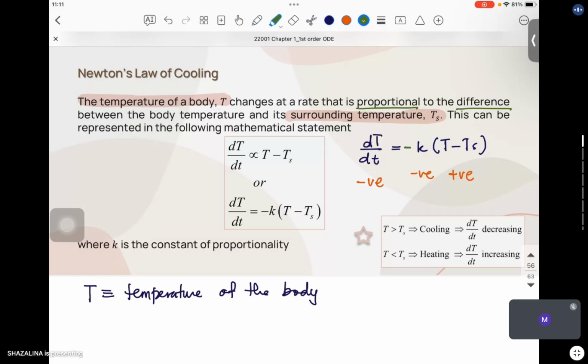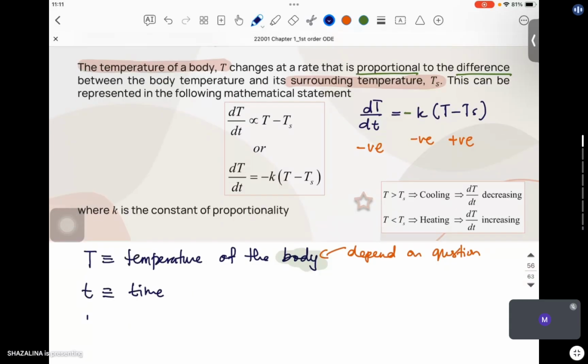Depend on question. Yang ni depend on question. Okay, next, small t. Small t here represent time.